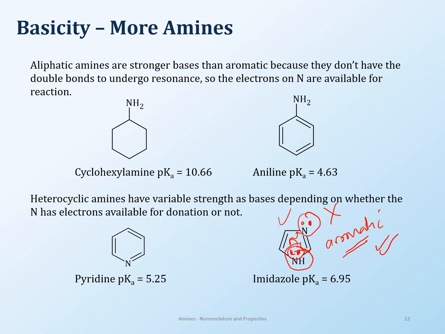It means these electrons are available for reaction, just like over here, where this nitrogen's electrons are available for reaction. In the case of imidazole, you have one nitrogen available, but one nitrogen not available for reaction. So this is something you have to keep in mind when looking at the basicity of nitrogens, especially with heterocyclic rings: is it involved in resonance or not? You determine from there whether the nitrogen is going to be basic or not.